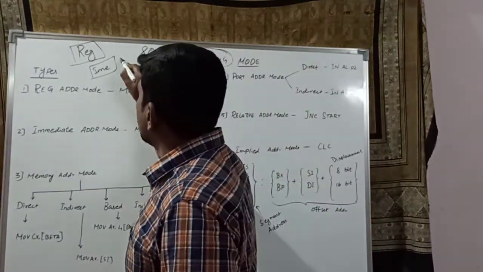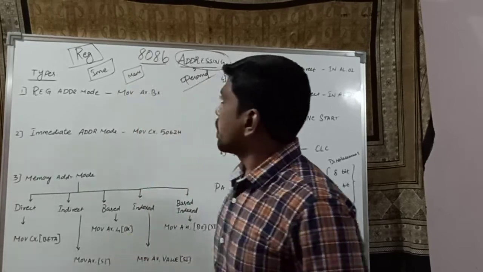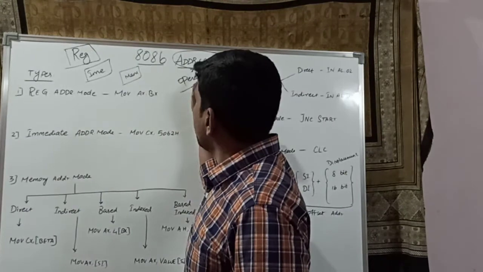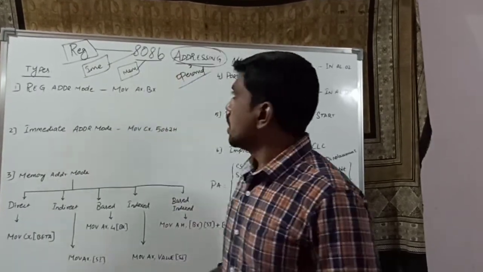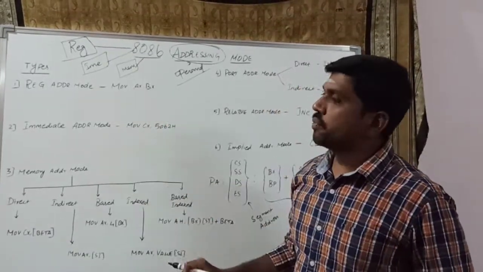The third possibility is memory: the operand is placed in a memory location. So the first is register, the second immediate, the third memory, and based on that, we can categorize the types of addressing mode.